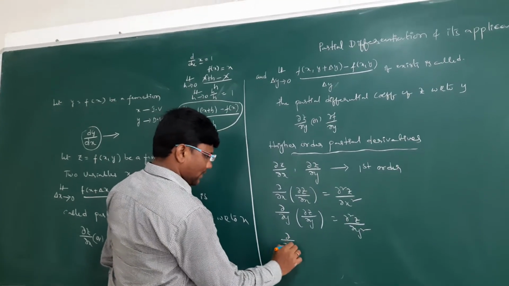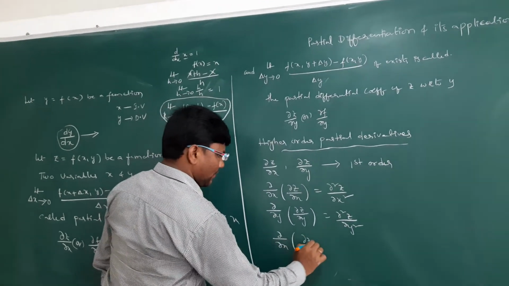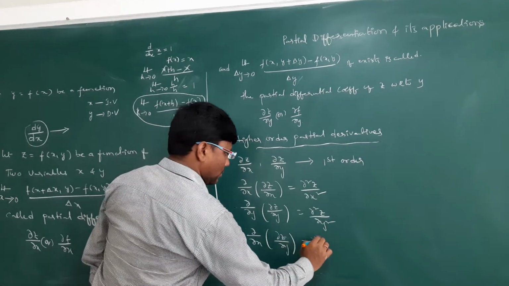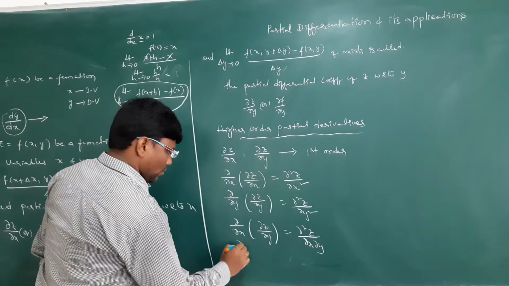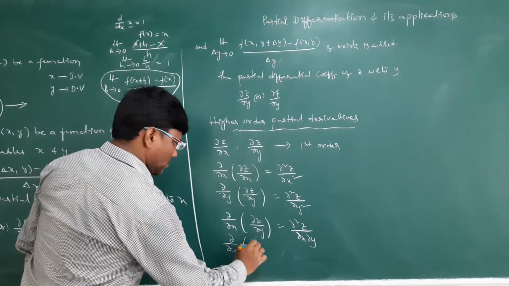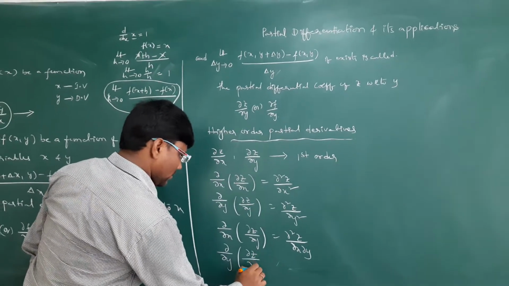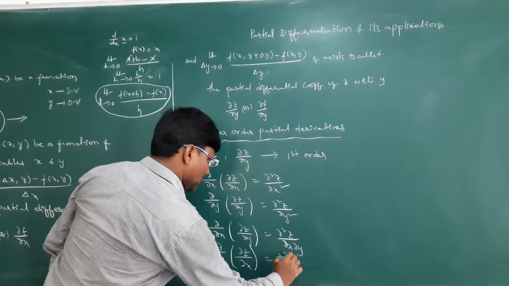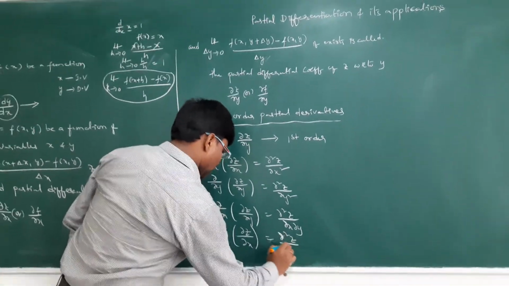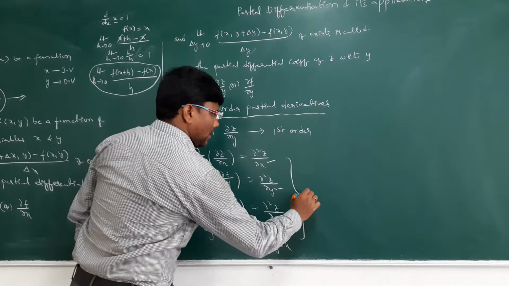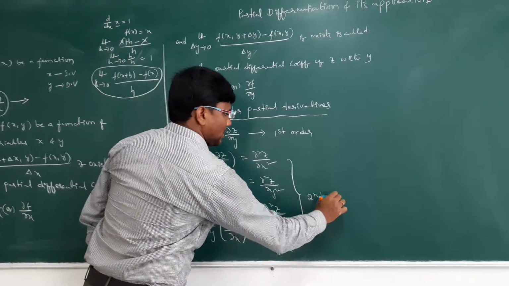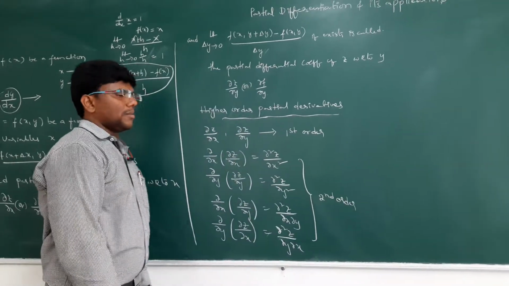Dou by dou x of dou z by dou y is equal to dou square z by dou x dou y. Dou by dou y of dou z by dou x is equal to dou square z by dou y dou x. These are second order partial derivatives.